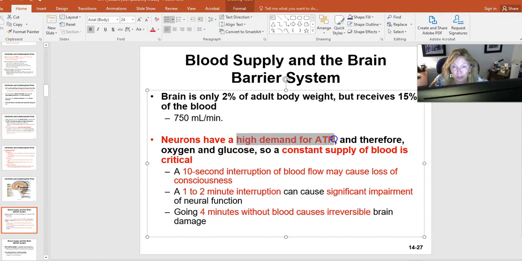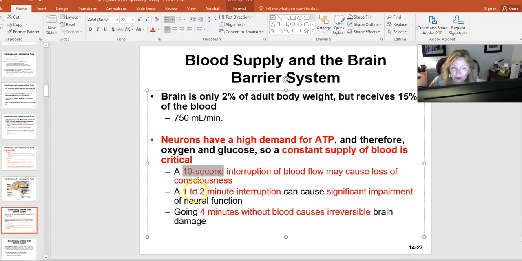So it really means that blood supply cannot be interrupted to the brain. Even a few seconds of interruption, I'm not going to ask you how many seconds, this is why you can put pressure on these carotid arteries that are bringing blood, and it doesn't take long for a person to lose consciousness. That doesn't take very long at all.